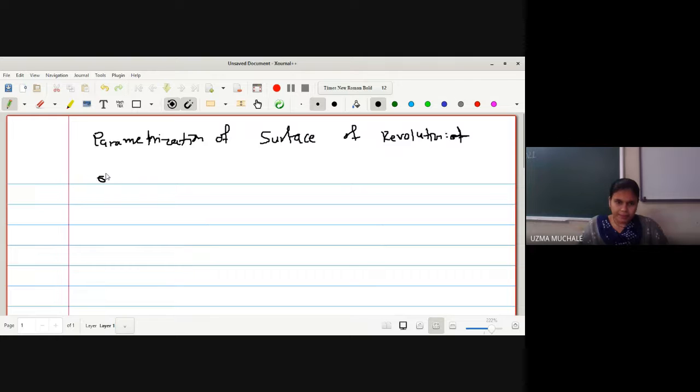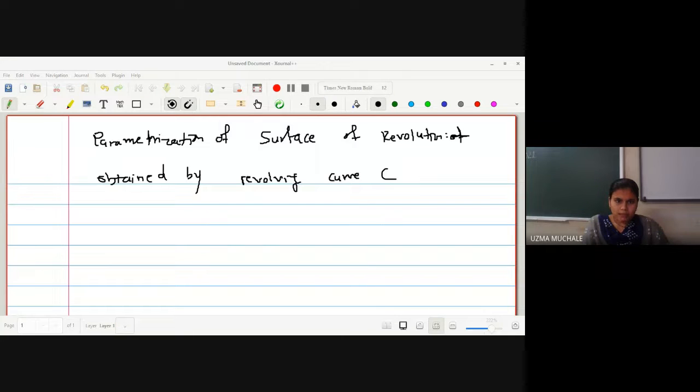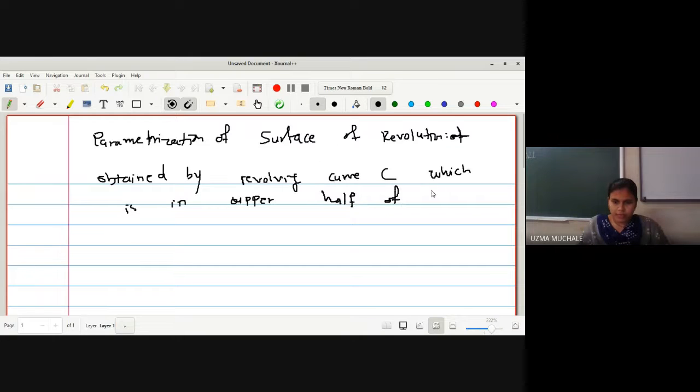Find the parameterization of the surface of revolution obtained by revolving a curve C, which is in the upper half of the xy plane, and we want to revolve this about the x-axis.